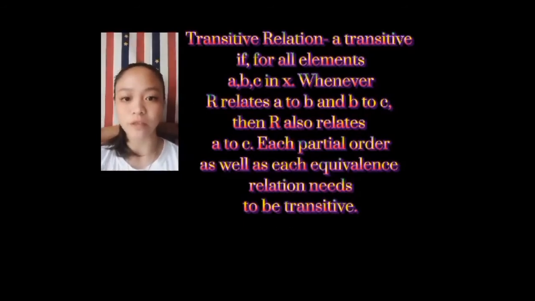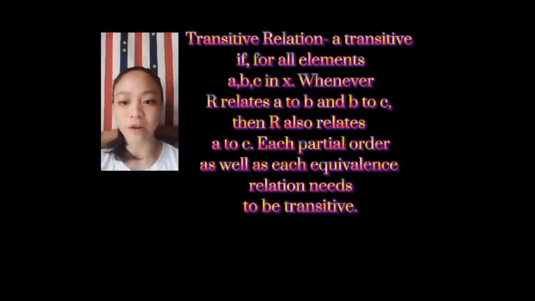A relation is transitive if for all elements a, b, c, whenever R relates a to b and b to c, then R also relates a to c. Each partial order as well as each equivalence relation needs to be transitive.